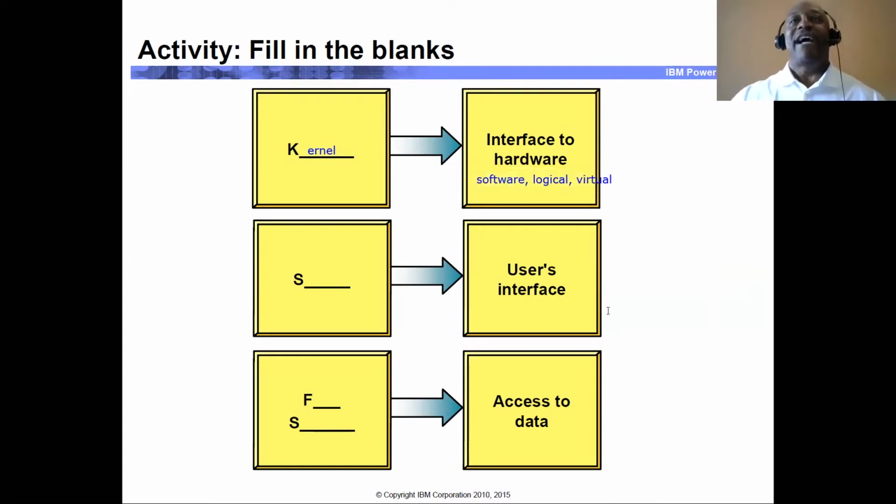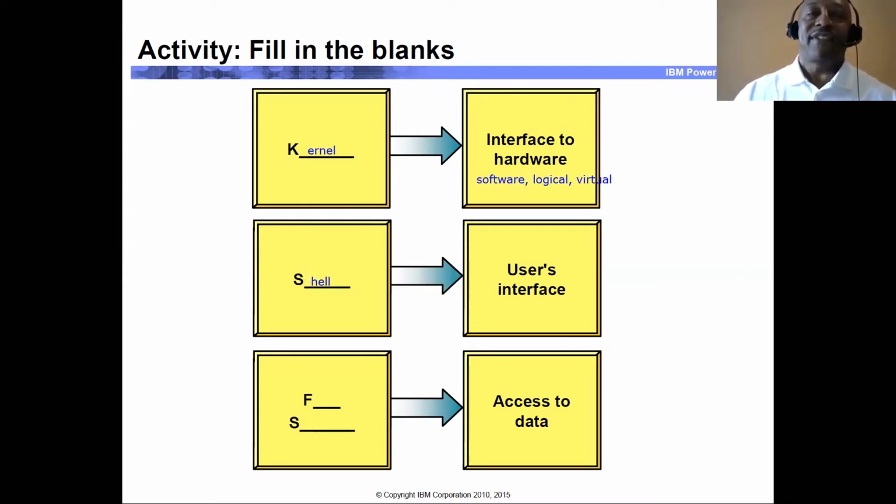Now the user interface. What is our user interface considered in our particular environment? The shell. Primarily it would be the Korn shell by default. I always say by default because as an administrator, we could configure users to use other shells like Bash or C or Korn shell 93, for example.